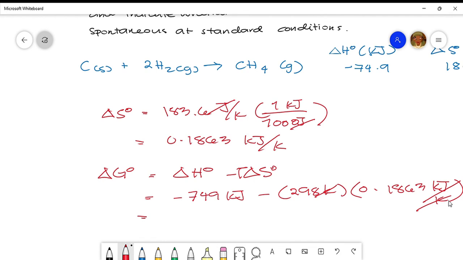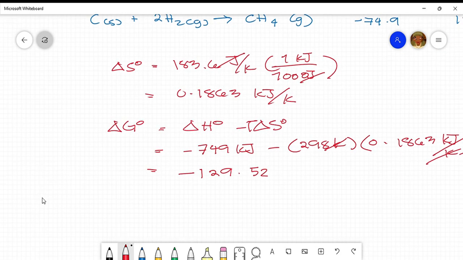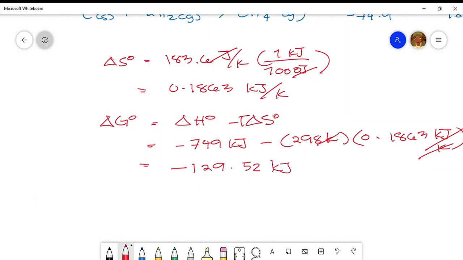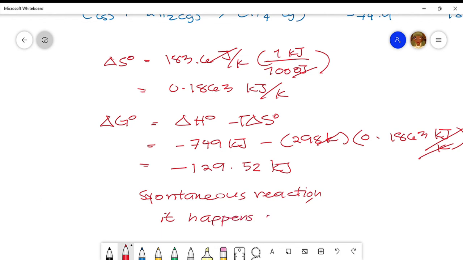So it's negative 129.52. Please double check kilojoules. So this is a negative value, so it's a spontaneous reaction. It happens without work required.